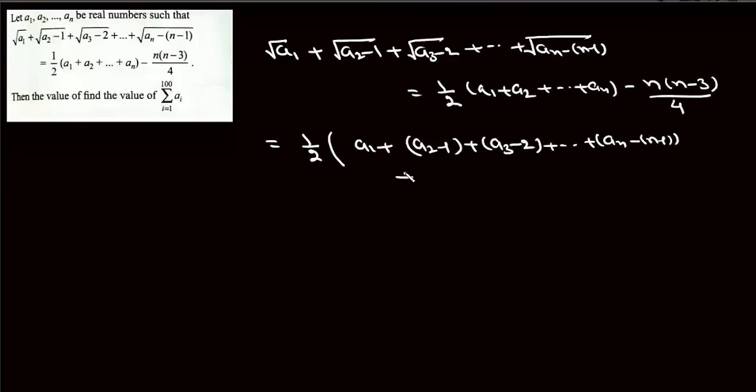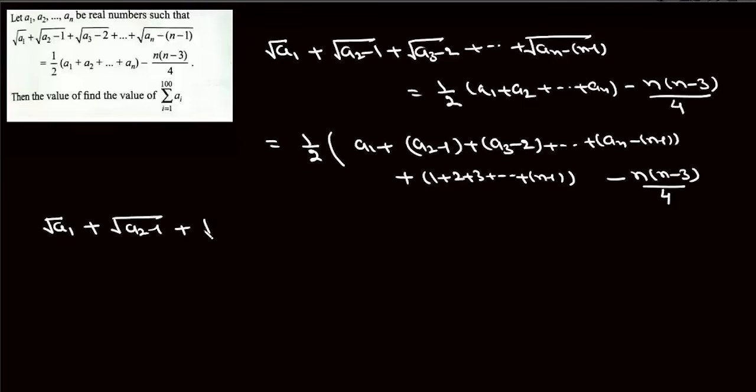And since we are subtracting them, we'll also need to add 1 plus 2 plus 3 up to n minus 1, and this is minus n minus 3 by 4. So this is under root a1 plus under root of a2 minus 1 under root of a3 minus 2 up to under root of an minus n minus 1, and here will be this 1 by 2.